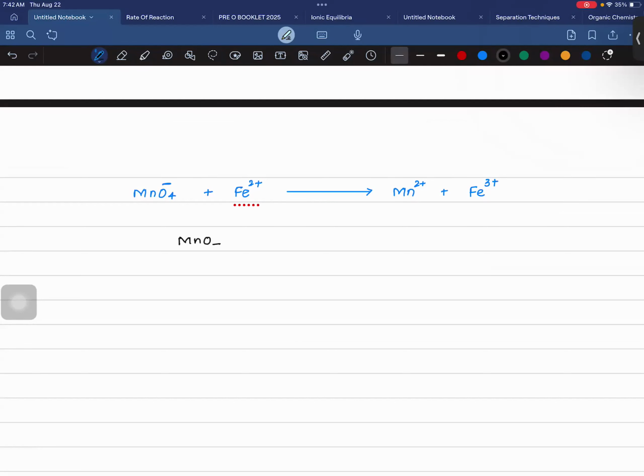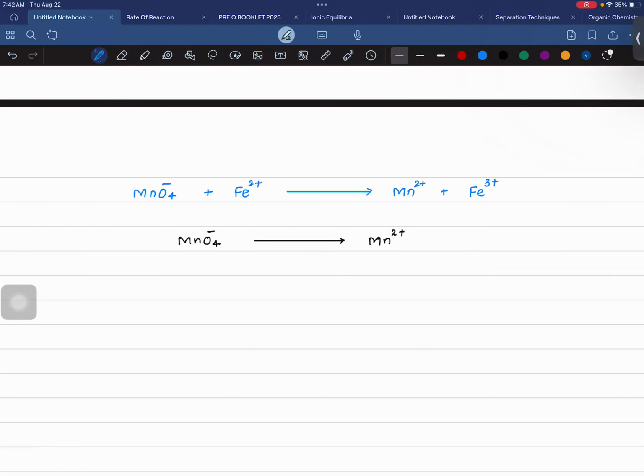MnO4 minus is changing into Mn2 plus. Can anyone tell me, is oxidation taking place or reduction? That's so easy.